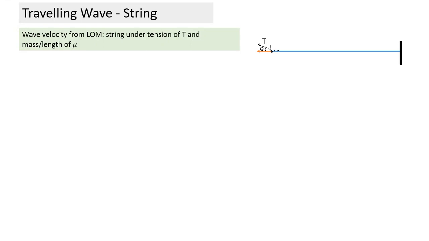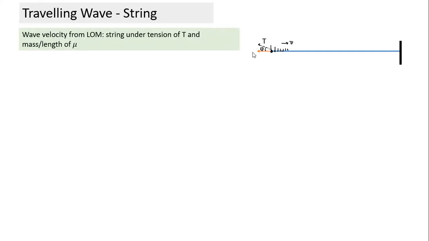And since all are linked to each other, if this particle moves up, it tries to drag the next one, and the next one, and it makes all adjoining particles move up with some time lag. That's what happens, and this disturbance which is created here travels along the string at a certain speed, a certain wave velocity.